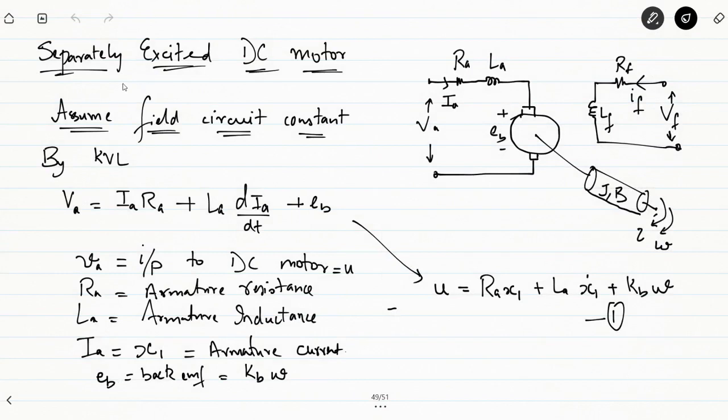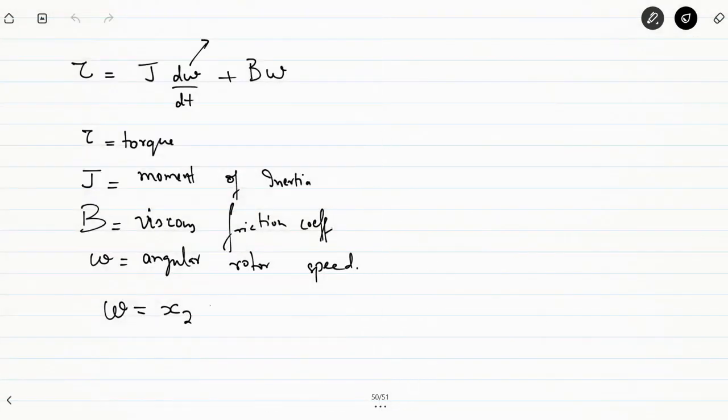As far as torque goes, we understand it is proportional to the armature current. So we can write it as Kt times Ia, where Kt represents the torque constant. We have already defined Ia as one state variable, x1.